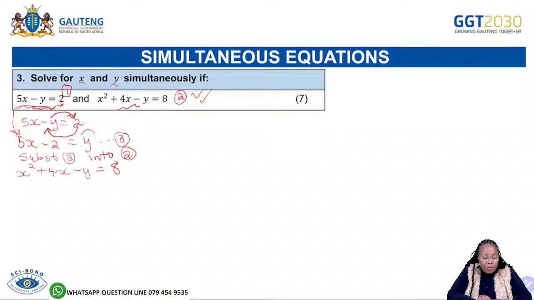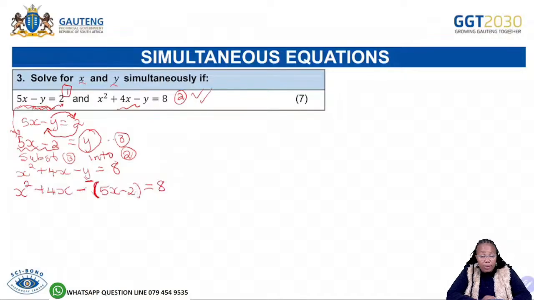Wherever we see y, we are going to substitute 5x minus 2. Happy? x squared plus 4x minus, there must be a bracket because there's a negative out, bring in y, 5x minus 2, equal to 8.